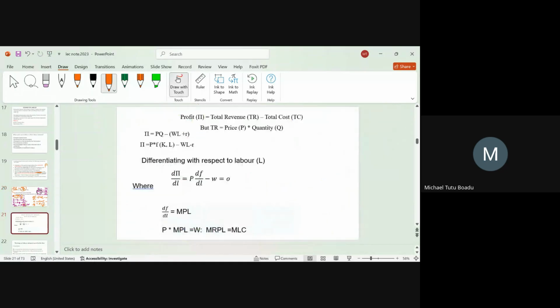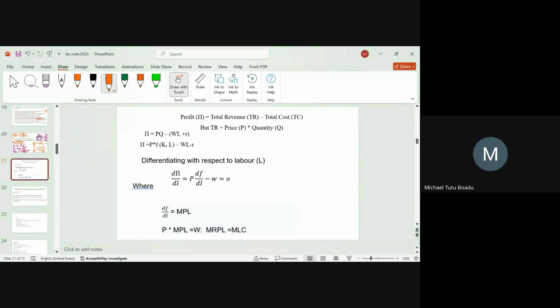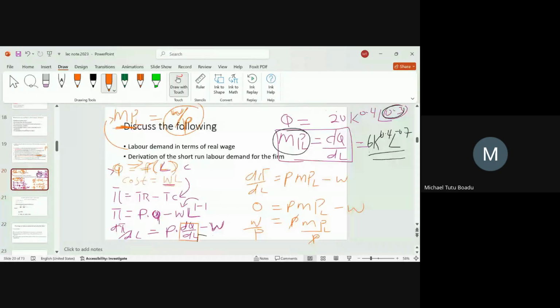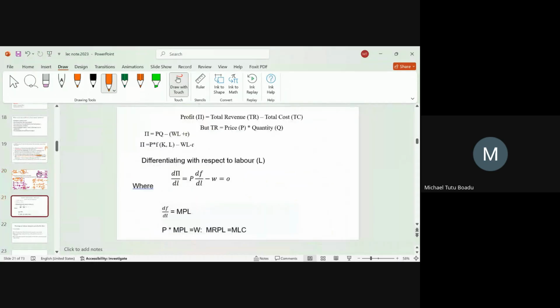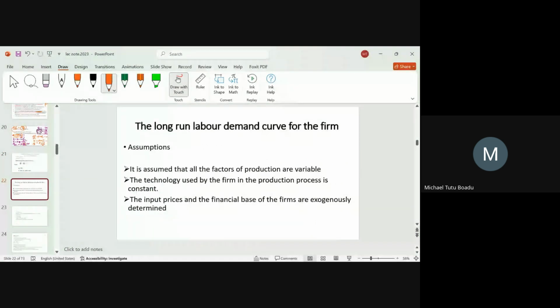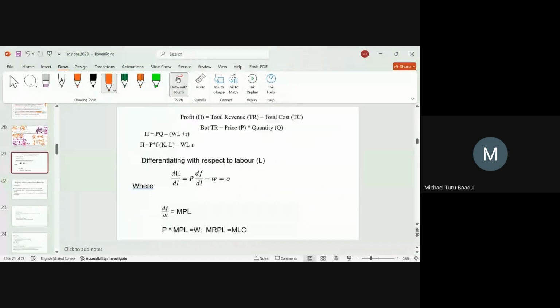Now, there's another way you can also express this. That is when you want to derive the same thing that I've just done. Thus, if you want to derive the labor demand in terms of real wages, you can also use this approach.